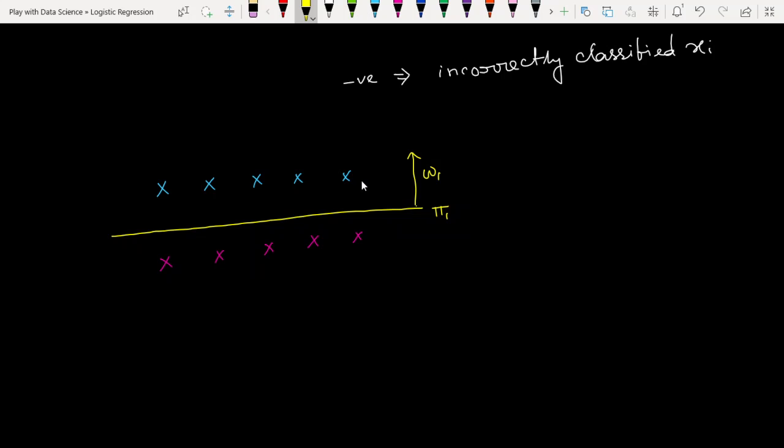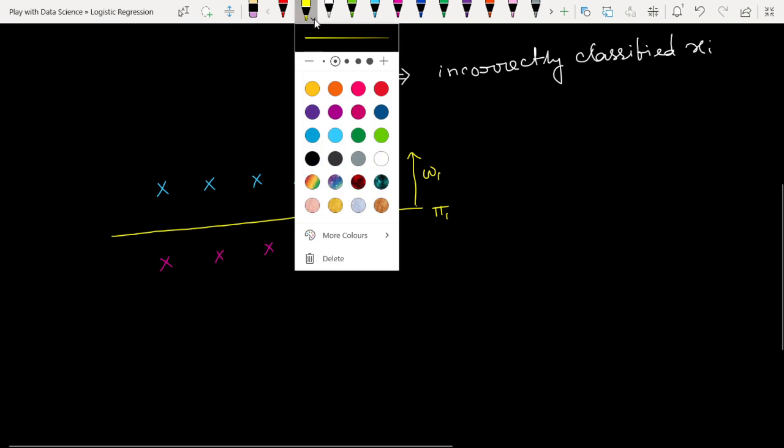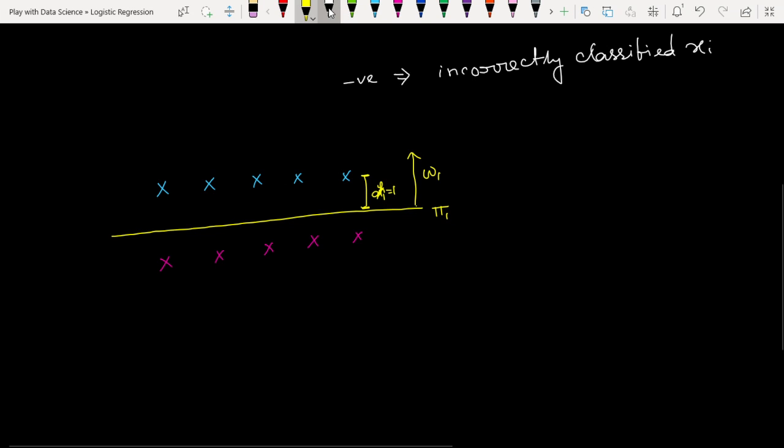And let's say the distance from this point is d1, which, for simplicity, we just take as d.